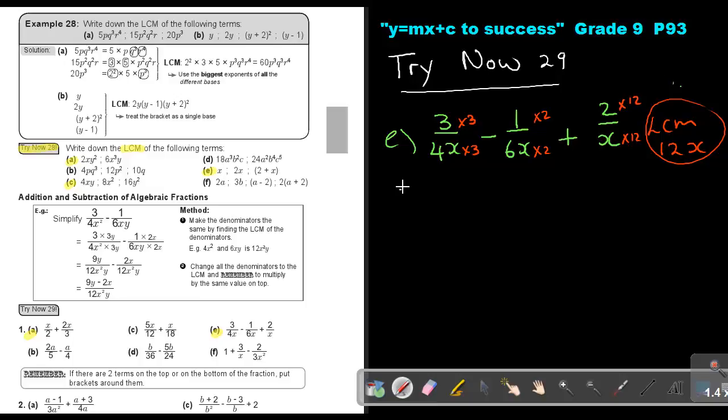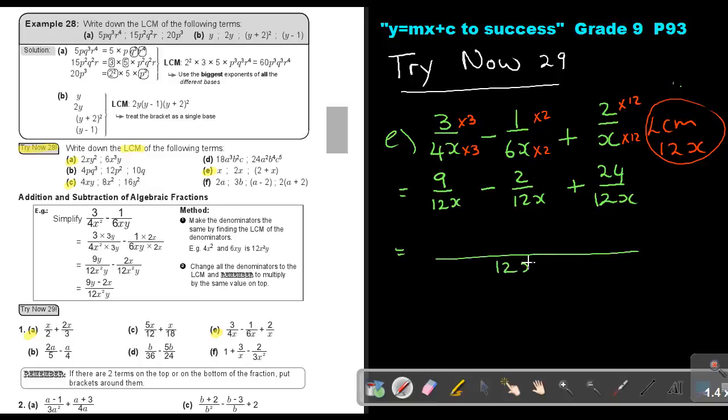And then I'm getting, this one is 9 over 12x minus 2 over 12x plus 24 over 12x. Okay, now remember, that's your 12x. So it's 9 minus 2 plus 24. Again, it's all numbers. So you can basically just go and you can add them all up.